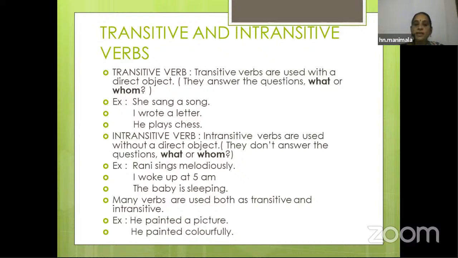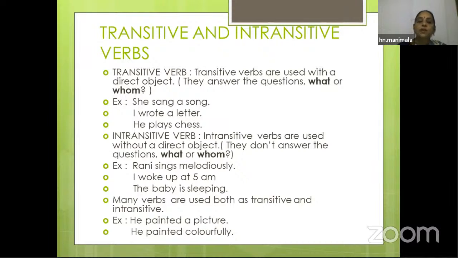Okay, here I see the example. She sang a song. What did she do? She sang a song. She is the subject, sang is the verb, a song is the object. I wrote a letter. I, subject; wrote, verb; a letter, object. He plays chess.